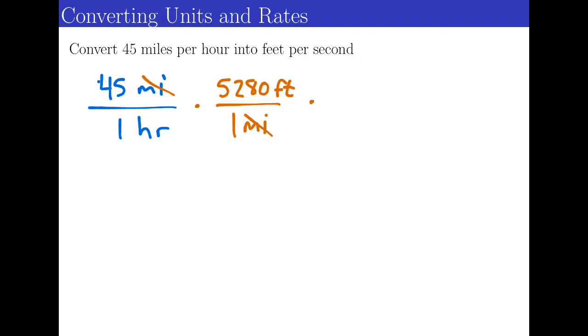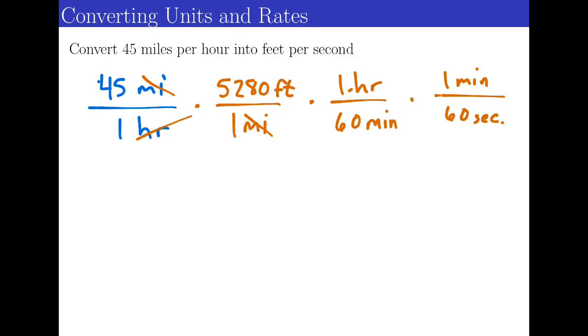But we want to get rid of hours as well. So how many hours? 1 hour is how many seconds? Well, we could jump there with minutes. 1 hour is 60 minutes, and then 1 minute is 60 seconds.